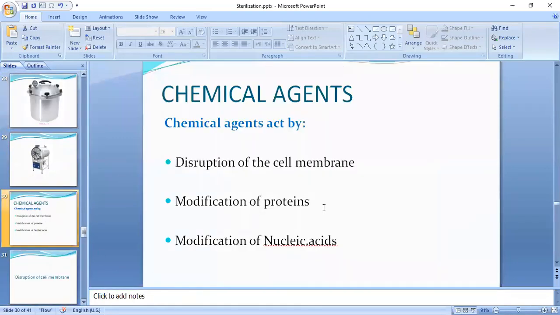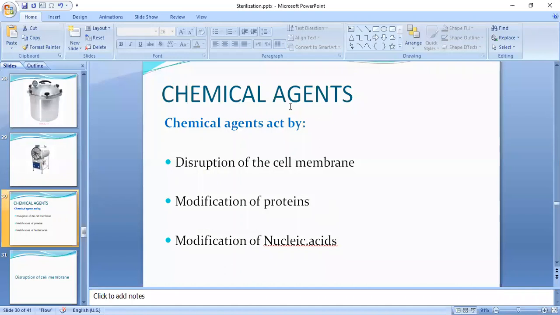Now the chemical agents. These are different chemical agents which are used, and we look at the mode of action, how these chemical agents act. These are the three ways: cell membrane disruption, modification of proteins, and nucleic acid modification.